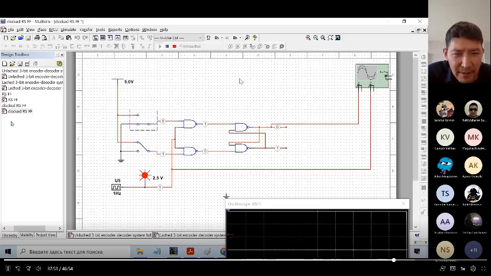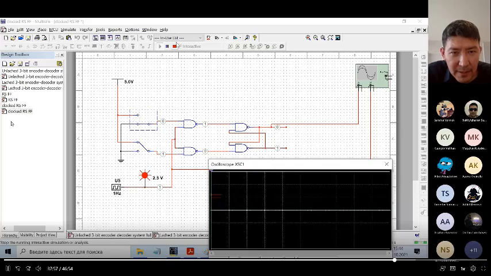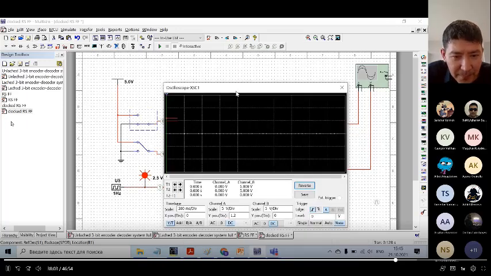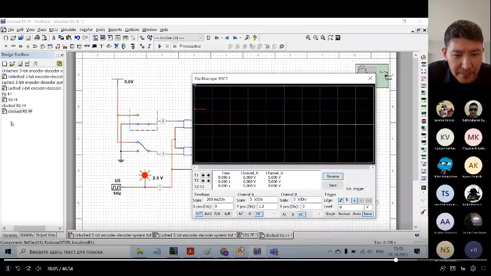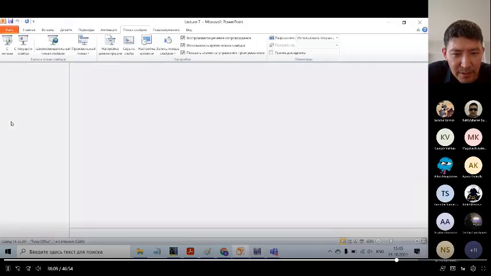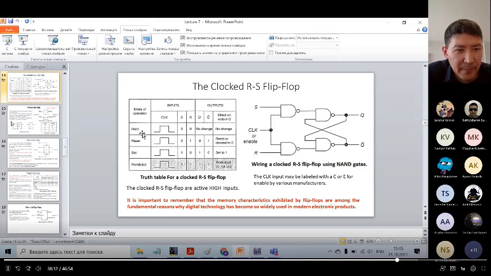There is some bug in the program and I could not explain this. Okay, so I will show it with another type of device, but not now. Let's continue with our lesson. Maybe in the lab work I will show you this.